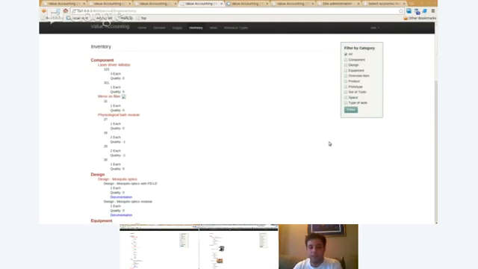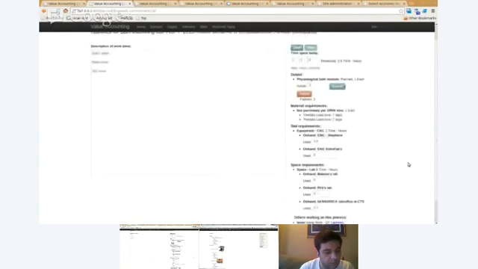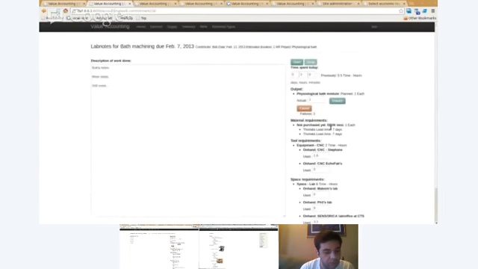But at any rate, to recap some of this stuff, the lab notes, I will make it so that you can add in requirements on the fly, one way or another. Same way with outputs on the fly.